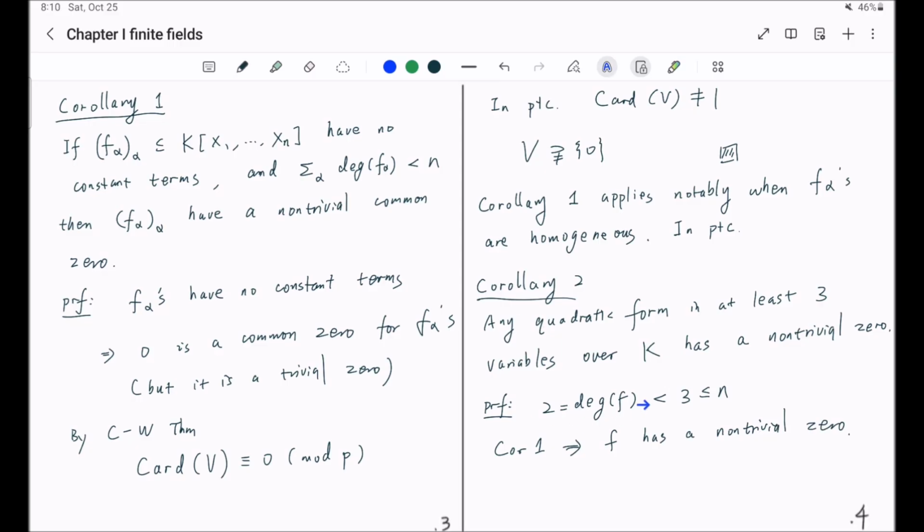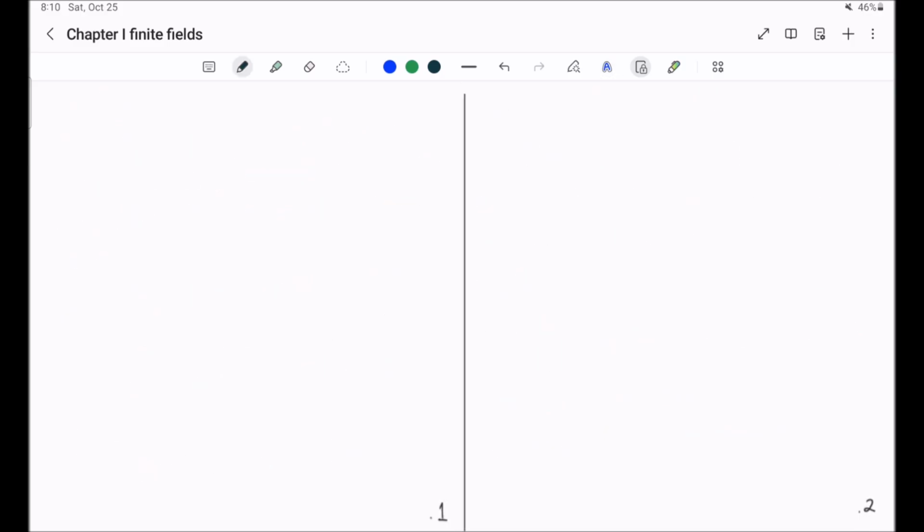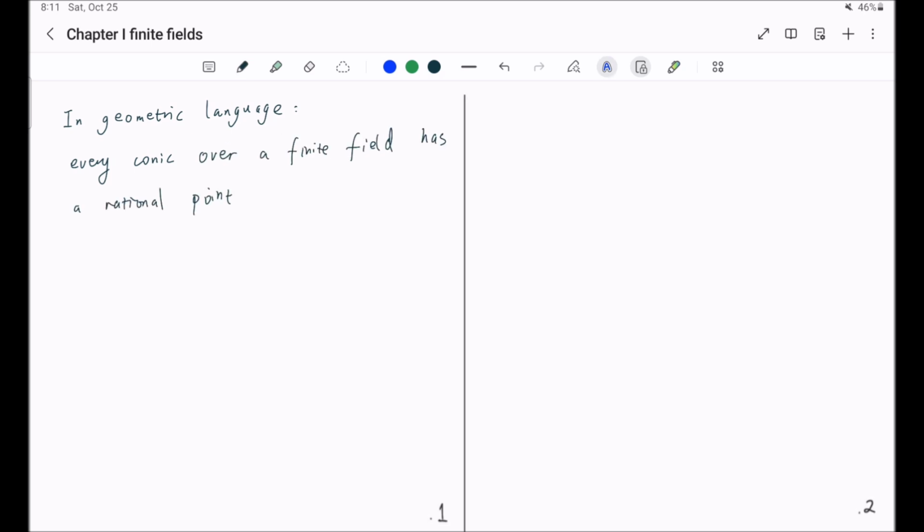And we can also interpret this corollary 2 using the geometric language. In geometric language, every conic over a finite field has a rational point. And I only need to explain what this exactly means.